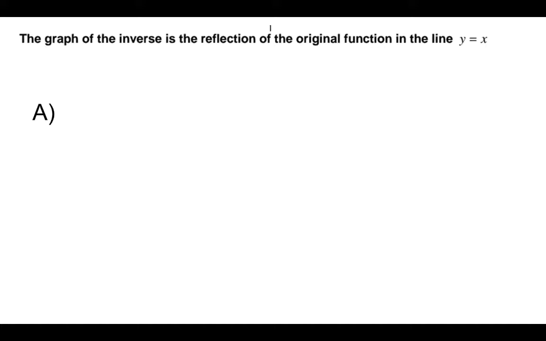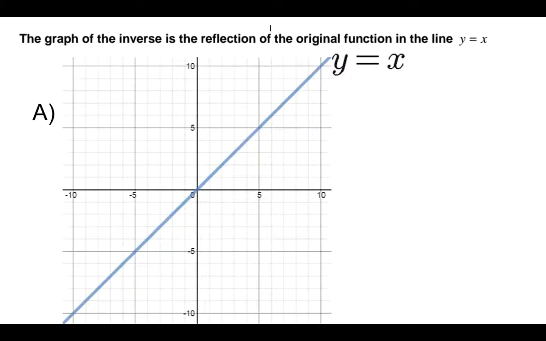Exploring the graphs, if you just graph those in a graphing calculator, we actually want to come back to this idea of the line y equals x, and this is a more symmetric graph, so you'll be able to see it a little bit better.